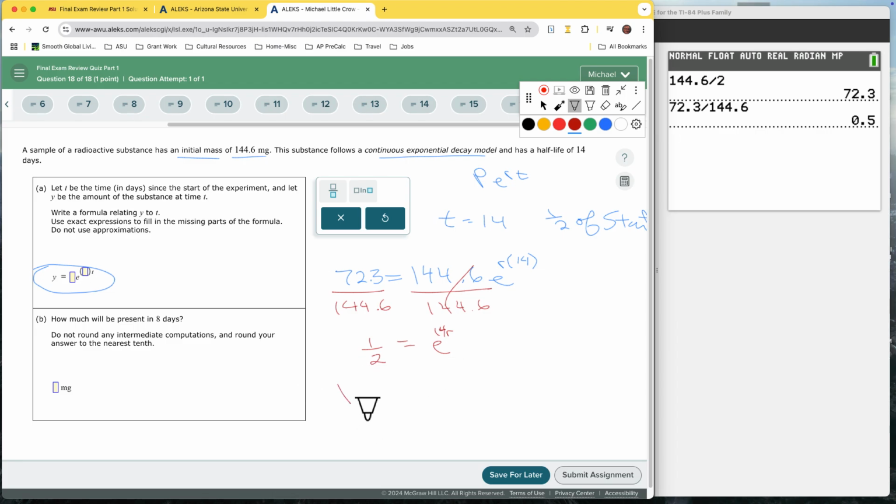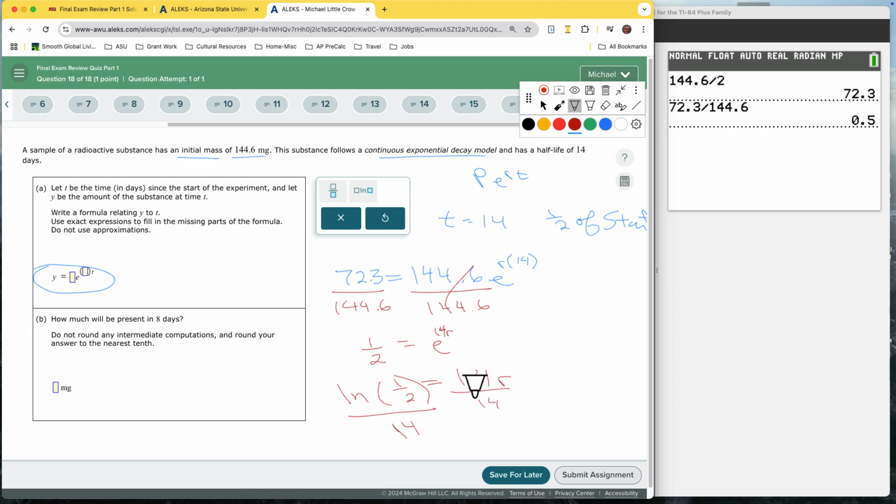Log base e is written as ln. Notice the e separates from the 14r. That's the exponent, that's the answer to a logarithm. And this becomes the natural log of 1/2. And then we just divide both sides by 14. Now, if you want to, you could remember that for half-life, you take the natural log of 1/2 and divide it by whatever the days are.